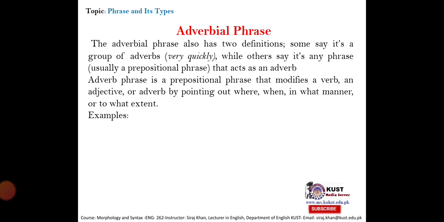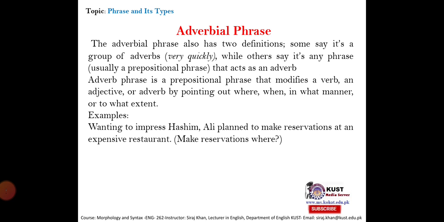An adverb phrase is a prepositional phrase that modifies a verb, an adjective or an adverb by pointing out where, when, in what manner, or to what extent. For example, wanting to impress Hashim, Ali planned to make reservations at an expensive restaurant. Make reservations where?